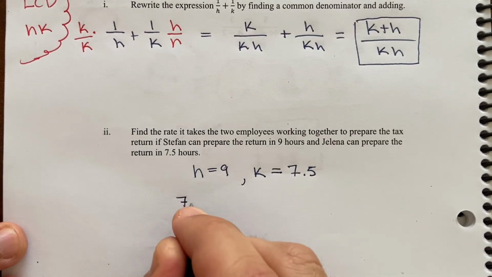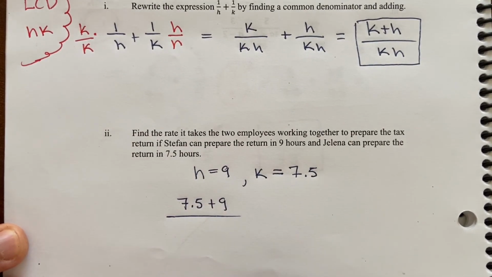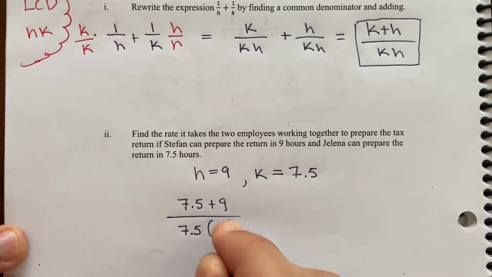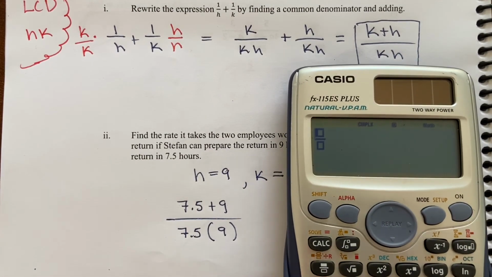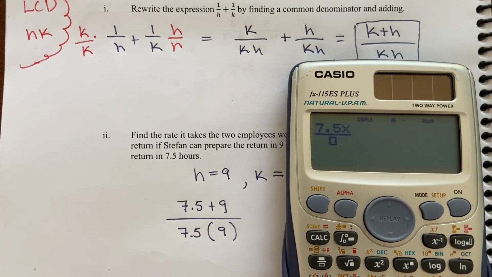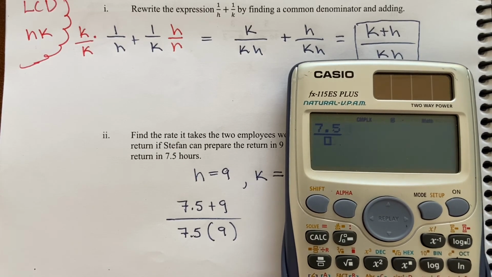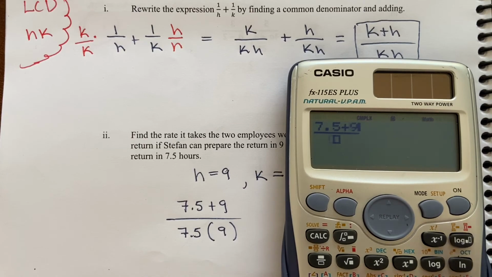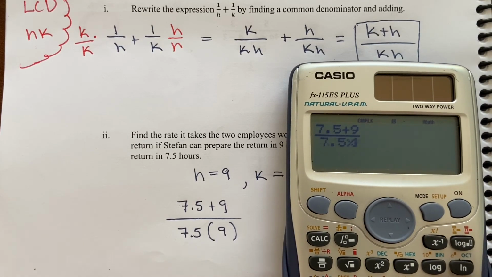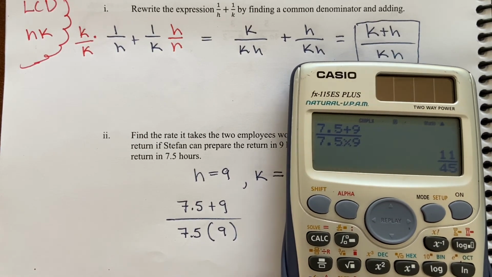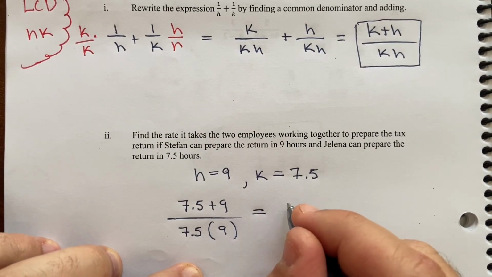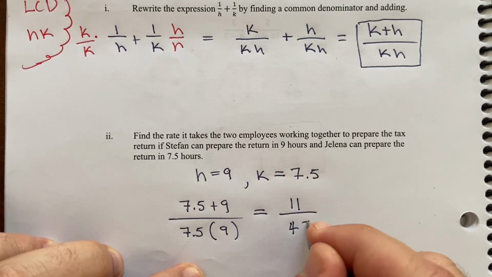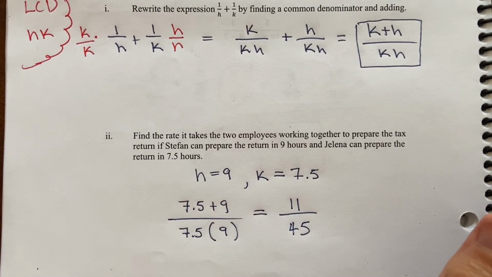So 7.5 plus 9 over 7.5 times 9. Type that into my calculator. So not multiply, but plus 9 over 7.5 times 9. This is 11/45. So that would mean that working together, they get 11/45 of the tax return done per hour.